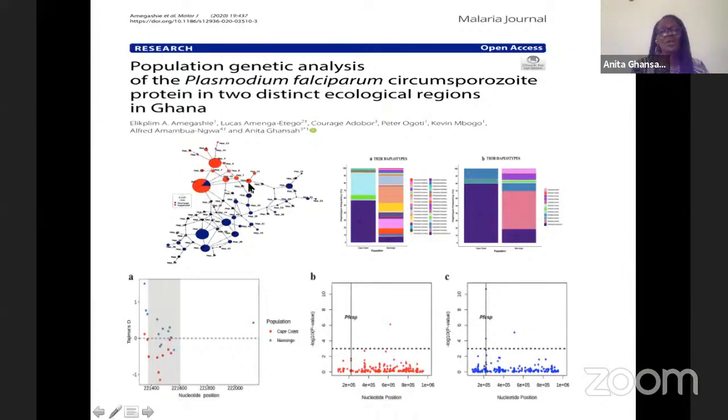So it means that all the other strains that we find in these two regions in Ghana will not work with the vaccine. So you see how important understanding the diversity of the malaria parasite is. This means that we either have to develop a new vaccine or incorporate a lot of these strains, because the cross immunity that was expected failed on the field.